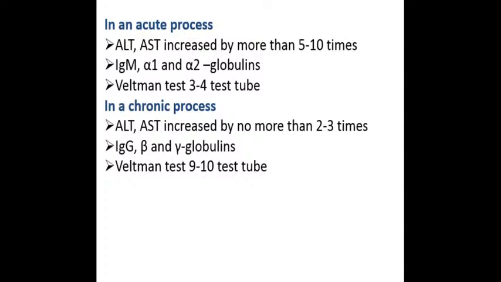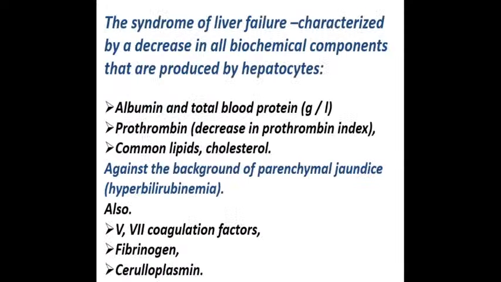If the patient has a chronic process, transaminase usually increases more than 2 or 3 times. And then the blood immunoglobulin G and beta and gamma globulins increase. Weltman test is 9-10 test tube.